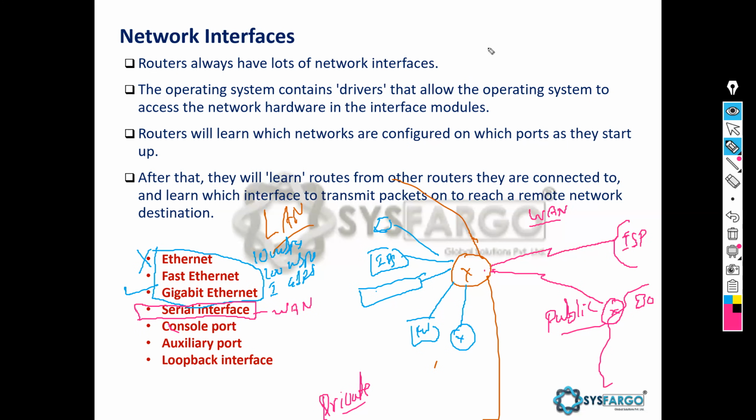Whenever I draw it like this, it's a WAN connection. Whenever I draw it simply like this, understand that it's a switch. That is how diagrams represent them. Got it? That's the serial port we are using.